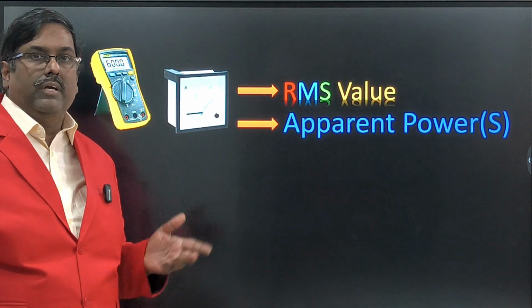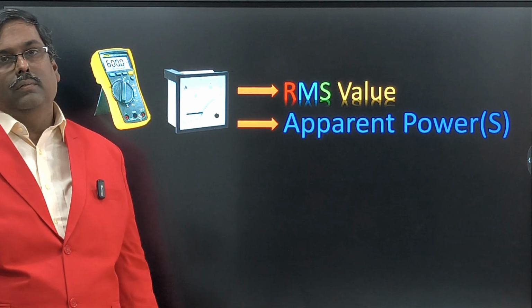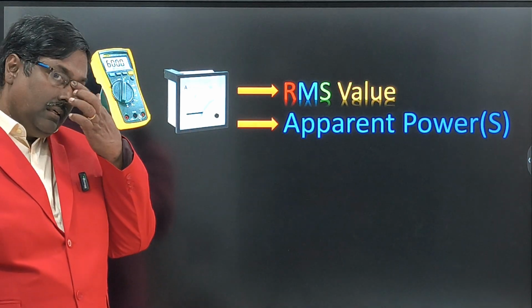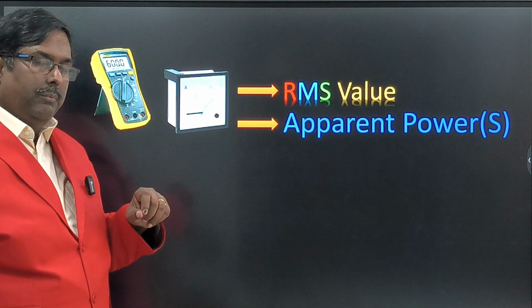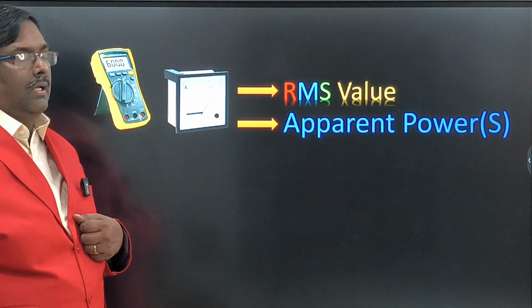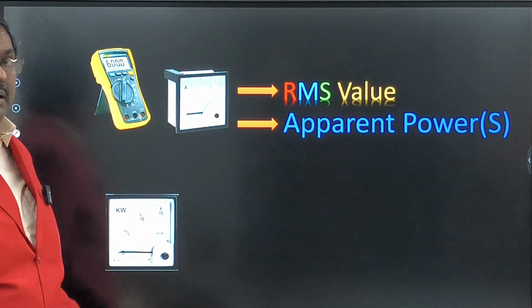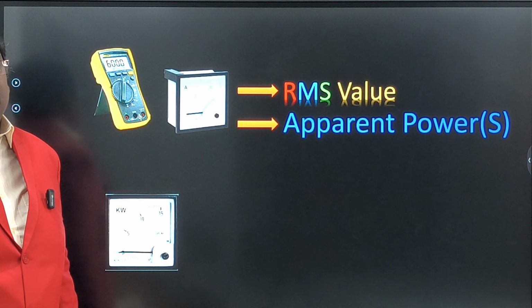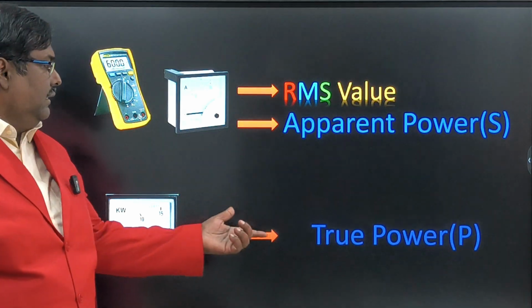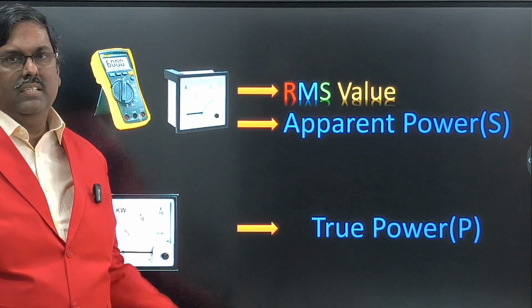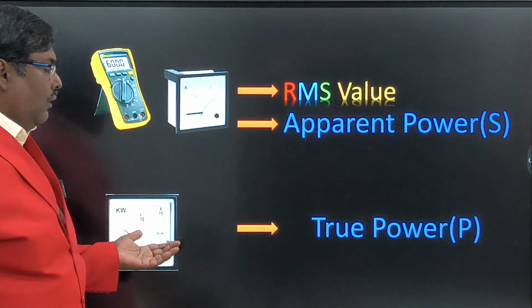V into I, if you calculate, you will get the apparent power. Kilowatt is the actual power which does the work. So for that, you have to use the kilowatt meter. Okay. The kilowatt meter will directly give the true power. That is the actual power. Now you got the idea.